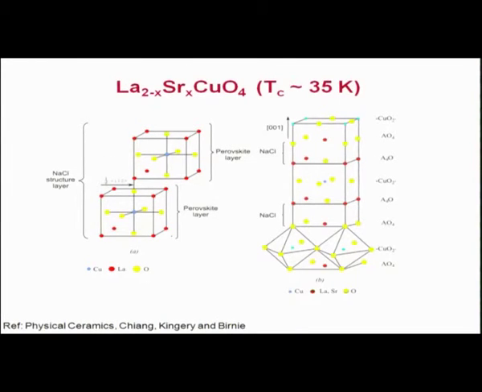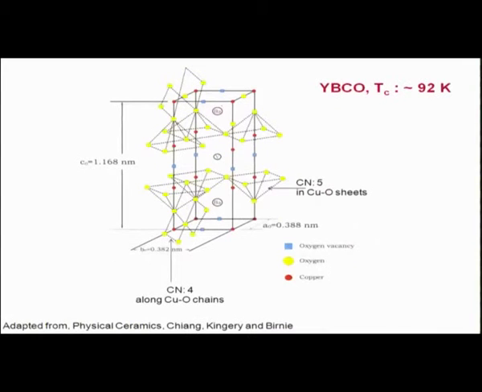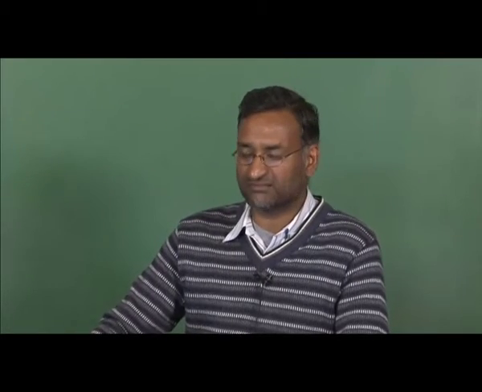Second structure is again a superconducting oxide, which is lanthanum strontium copper oxide. Now, by the way, yttrium barium copper oxide was a superconductor with a transition temperature of 92 Kelvin. This was the first superconductor when it was discovered which had a transition above liquid nitrogen. Most of the superconductors had transitions lower than liquid nitrogen. So, if you wanted to use superconductors in any application, you would have to use liquid helium.